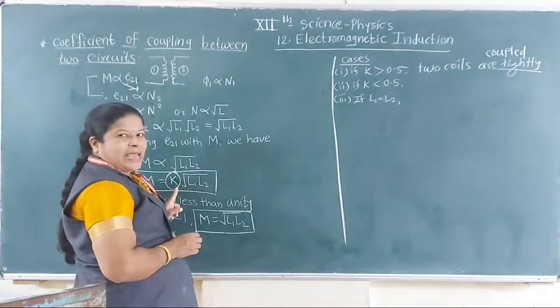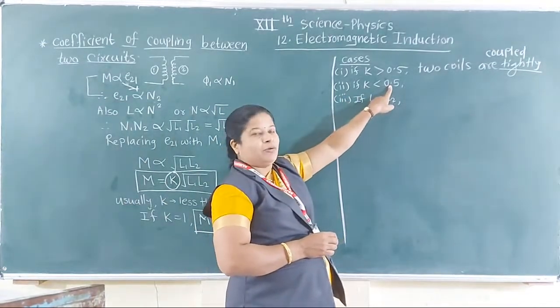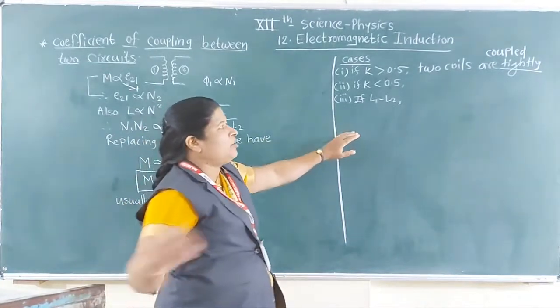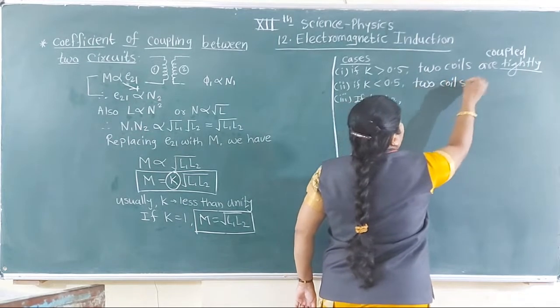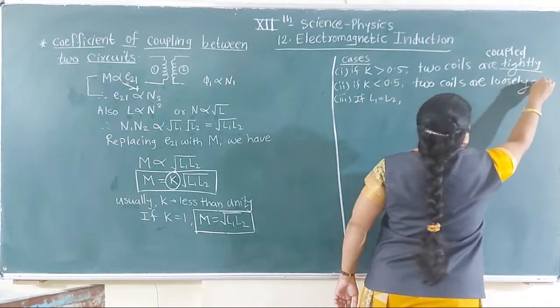If the value of K is less than 0.5, then the two coils are loosely coupled.